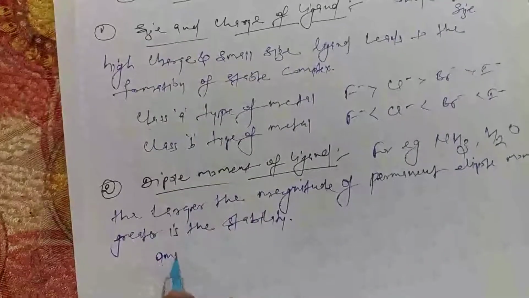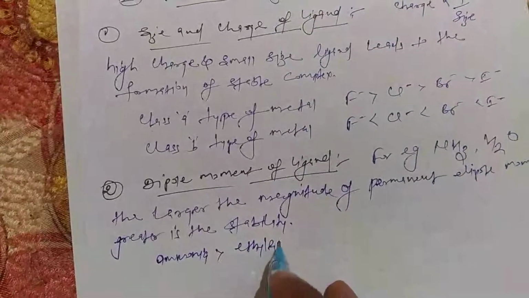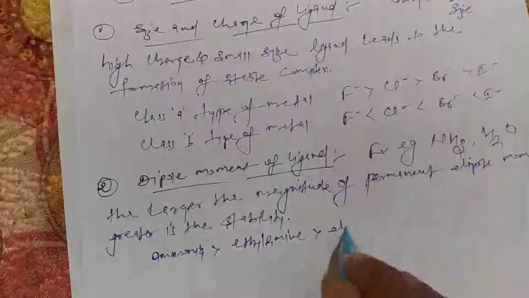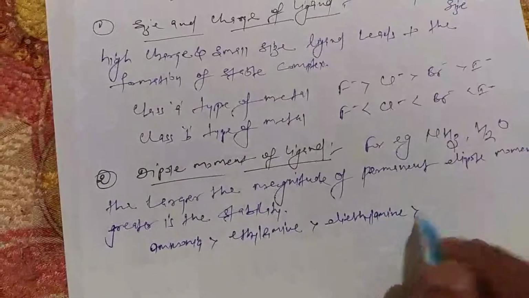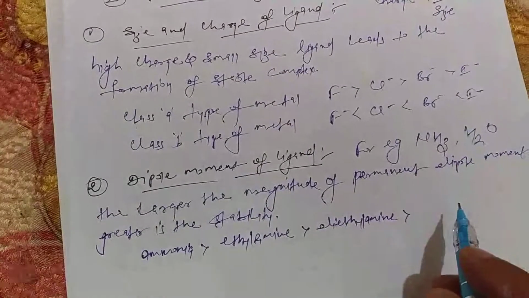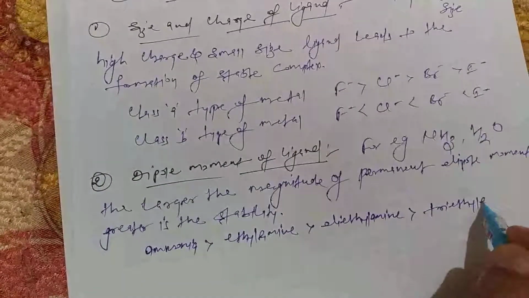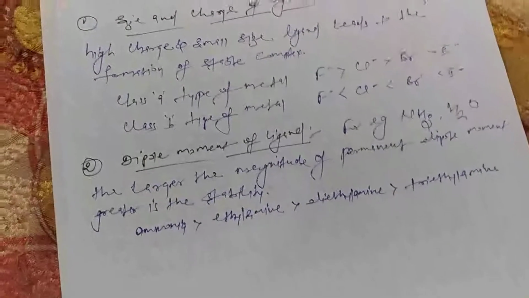So the order will be ammonia, then ethylamine, then diethylamine, then triethylamine. So this is the effect of dipole moment.